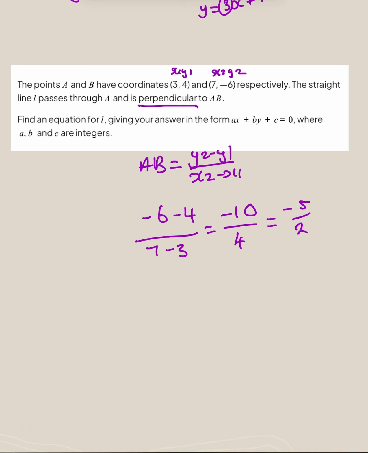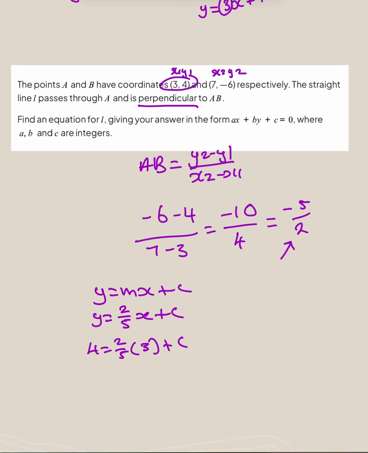So if it's perpendicular, that means y equals mx plus c. So it's going to be the negative reciprocal to this. So y equals 2 over 5 x plus c. And because it goes through point A, I need to substitute that point in. So 4 equals 2 over 5 times 3 plus c. So 2 times 3 is going to give me 6 over 5.